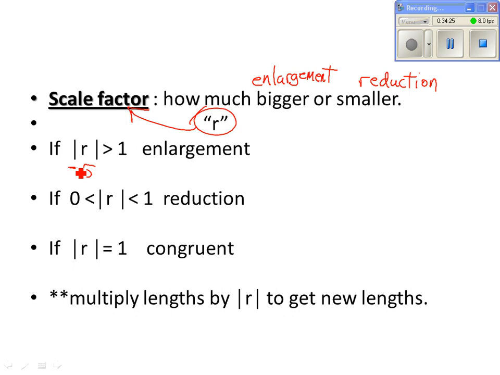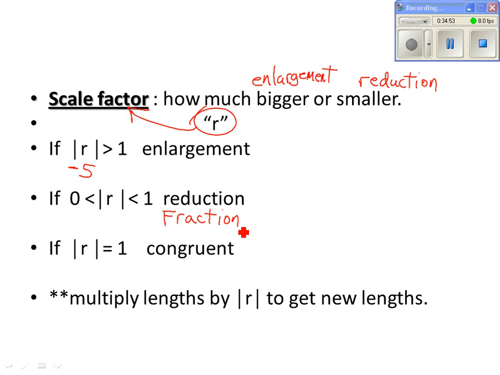If it's a reduction, then your absolute value is going to be between 0 and 1. So usually, and I don't like to write this all the time because it doesn't always have to be this way, if you're dealing with a scale factor and it's a reduction, your scale factor will be a fraction. 1/3, 4/5, 7/8, 1/2.